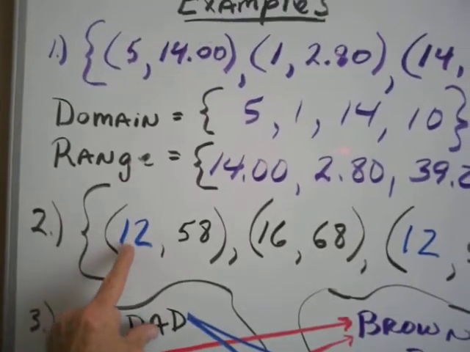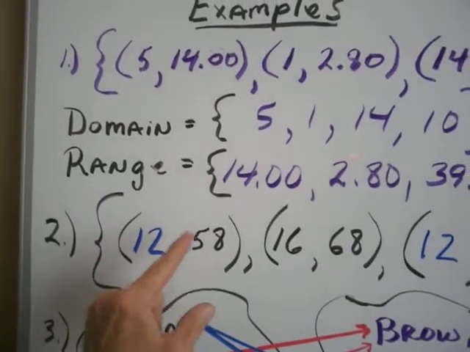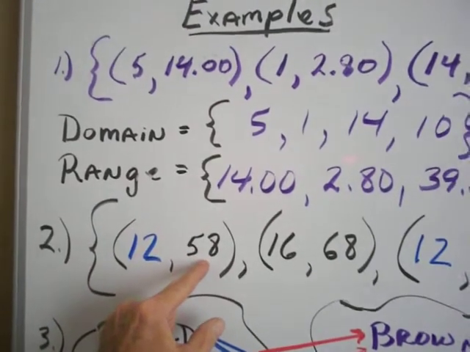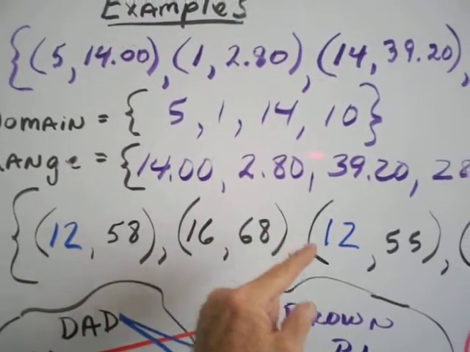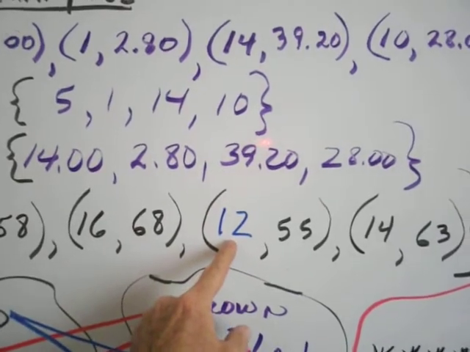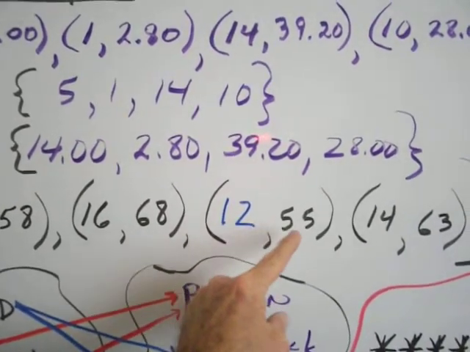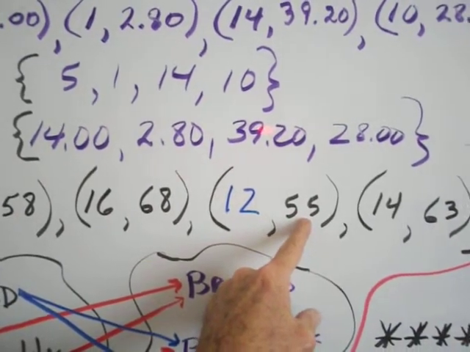Notice the domain of 12 is corresponding to the range of 58. Let's walk down just a little bit and notice in the third ordered pair, the same domain of 12 happens to correspond to a different range value of 55.